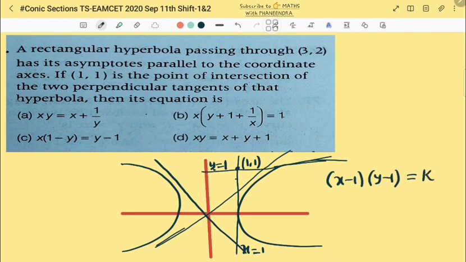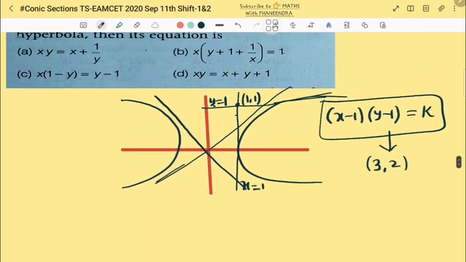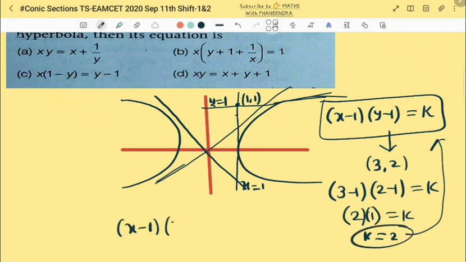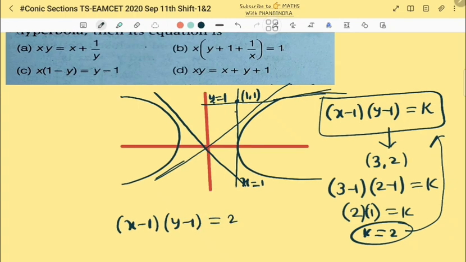Why? Because we don't know the equation of the rectangular hyperbola. This equation is passing through 3, 2. In place of x, y, substitute 3, 2. So 3 minus 1 into 2 minus 1 equal to k. So 2 into 1 equal to k. So k value is 2 only, no? Substitute this value: x minus 1 into y minus 1 equal to 2.